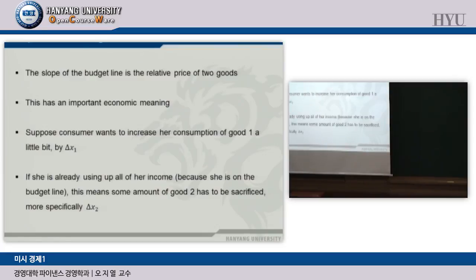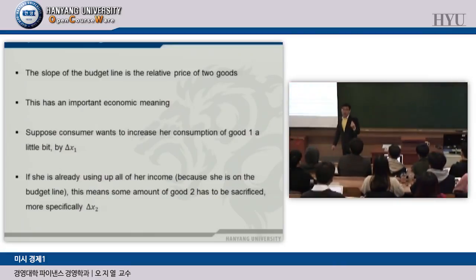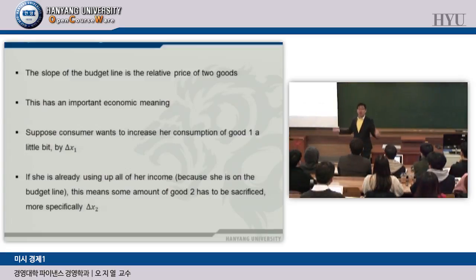Then what that slope implies, or what that relative price of two goods implies is? Exactly. You have to give up 5 bottles of beer to obtain 1 chicken. In other words, 1 chicken may be exchanged at the market for 5 bottles of beer.